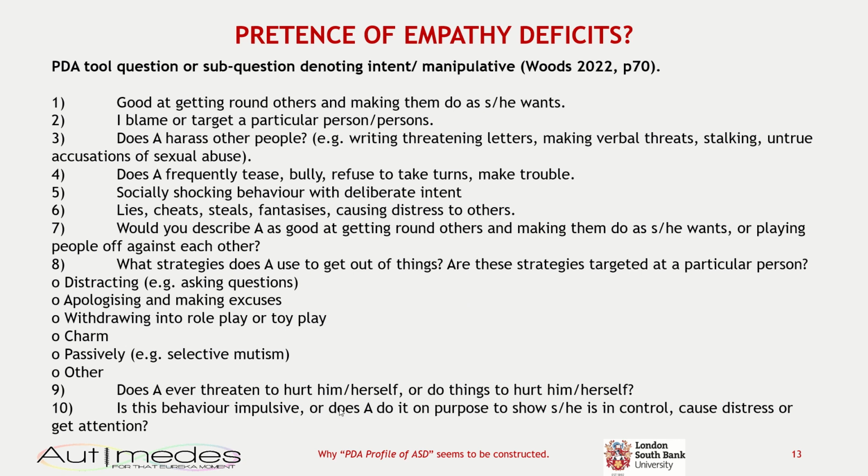Is this behaviour impulsive, or does they do it on purpose to show they are in control, cause distress or get attention? These are not all the examples. You can pause the slide to see all of them, or see the link in the description to the actual essay.